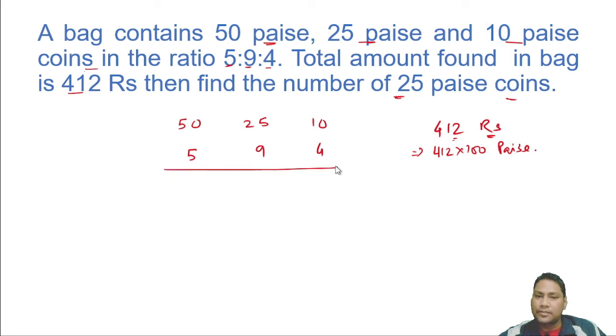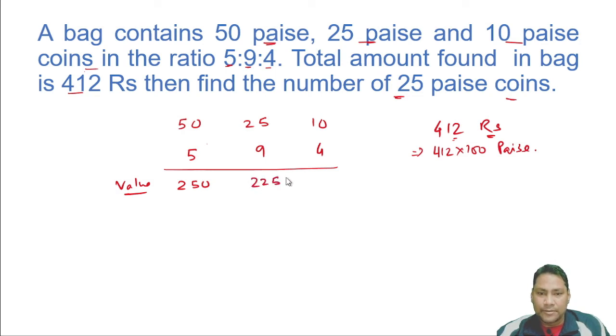Then we will take out the value of each. If we assume the coins are in the unit form, that is 5, 9 and 4, then the value of 50 paise coins will become 250 paise, the value of 25 paise coins will be 25 multiplied by 9 is 225 paise, and the value of 10 paise coins will be 40 paise.